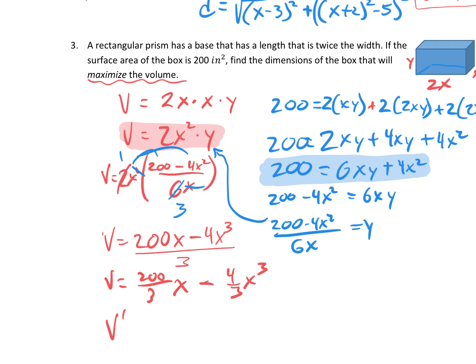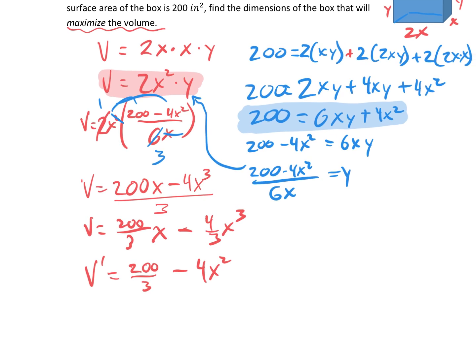Let's go ahead and find our derivative here. Our derivative, we get 200 thirds minus, let's see, drop the 3, we get 4x squared. Okay, that's not too tough.